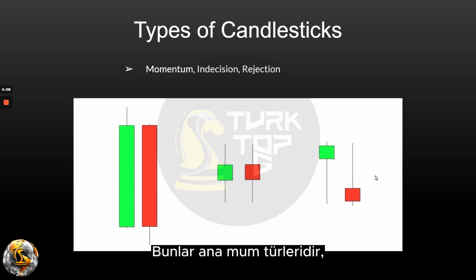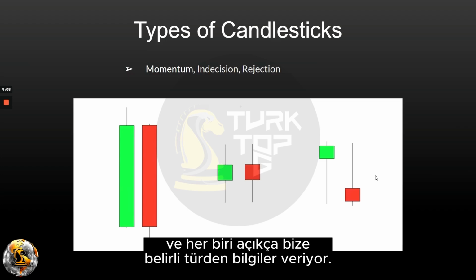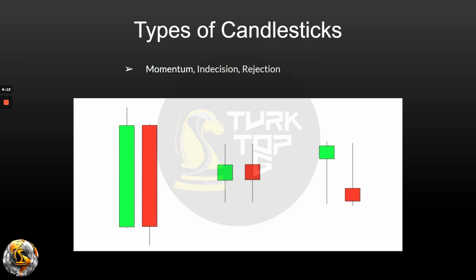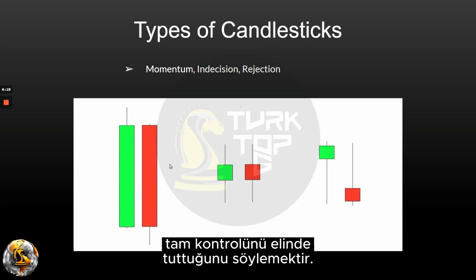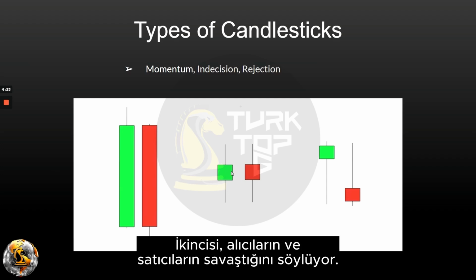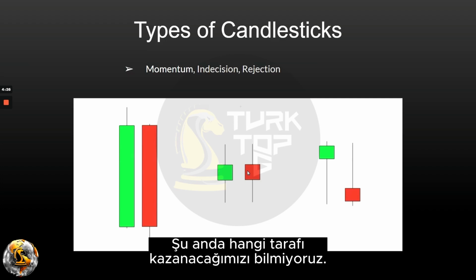So these are the main types of candles, and each one obviously is giving us a specific kind of information. The first one is saying that either the buyers or the sellers are in complete control of the market. The second one is saying buyers and sellers are fighting. We don't know which side will win.